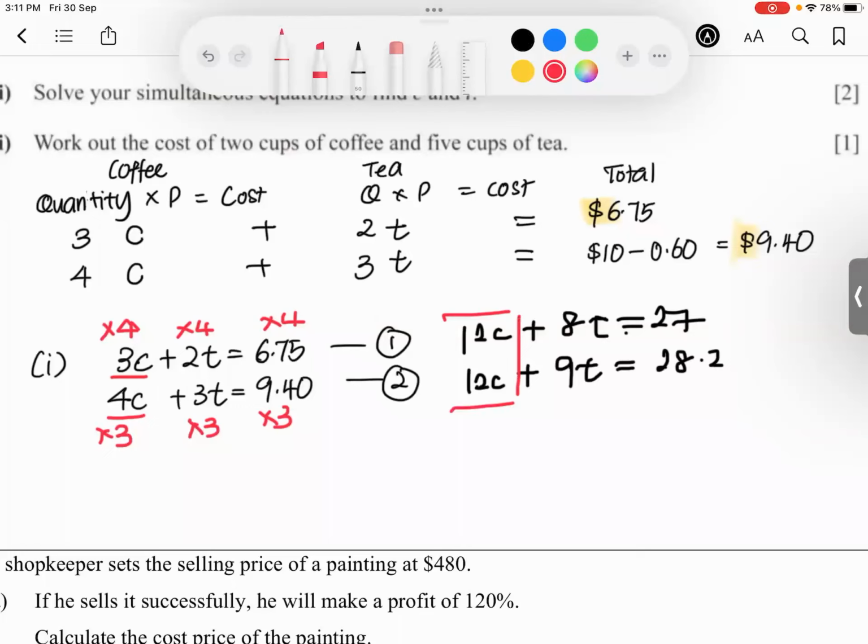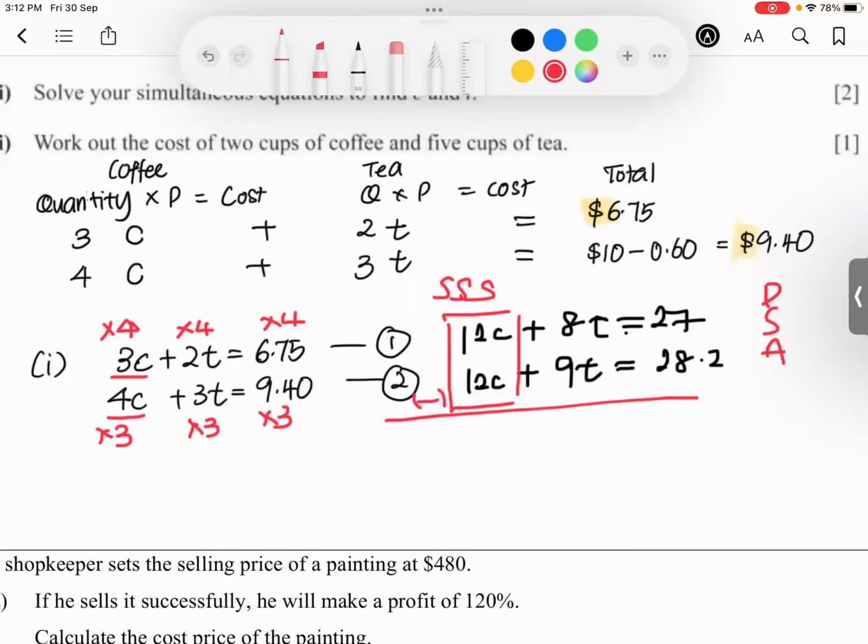You notice they are the same number and the same sign. Same sign, you subtract, SSS. Different sign, add, DSA. Okay, same sign, you subtract. Okay, so I shall do a subtraction over here.